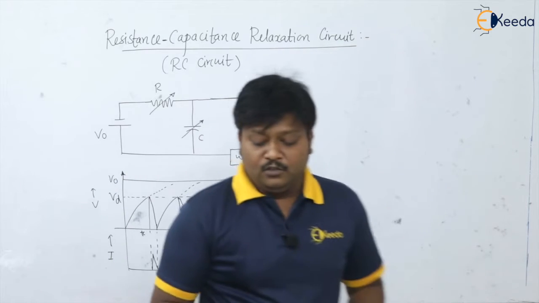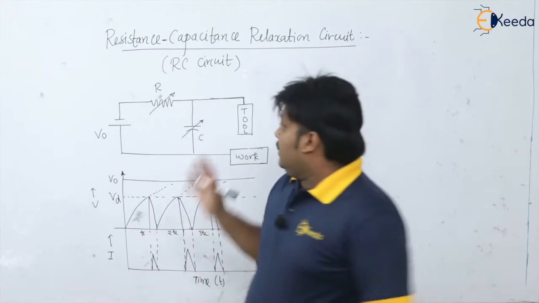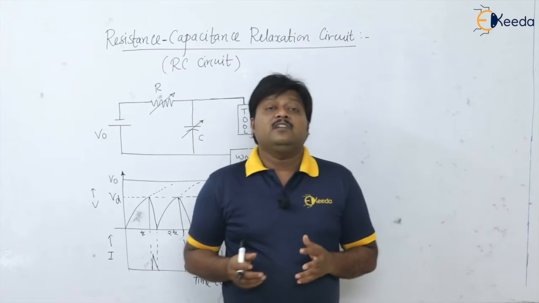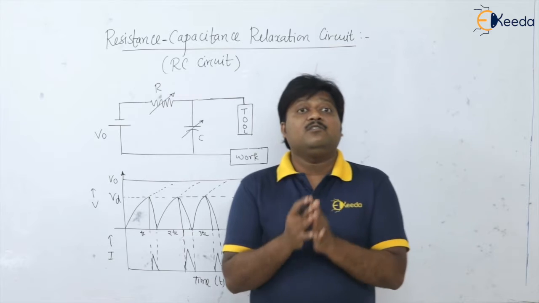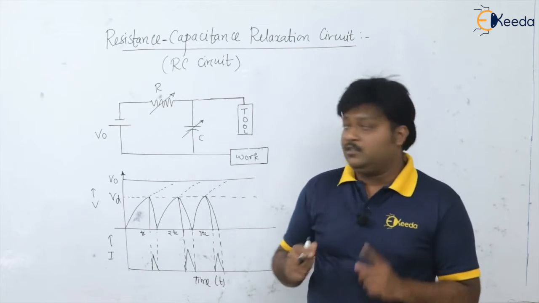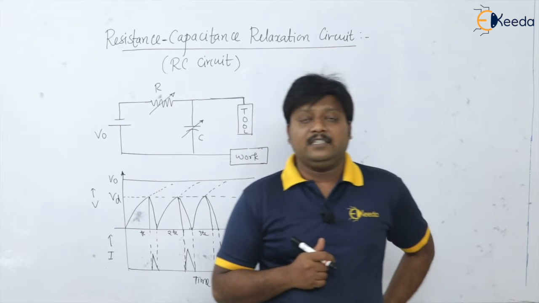So this was the circuit which was used when the electro discharge machine was first developed. The first circuit which was used is the RC circuit.